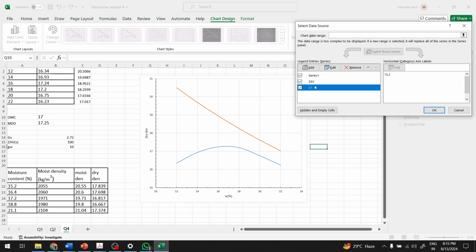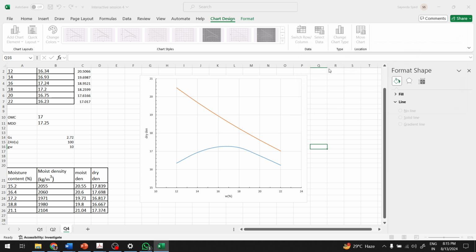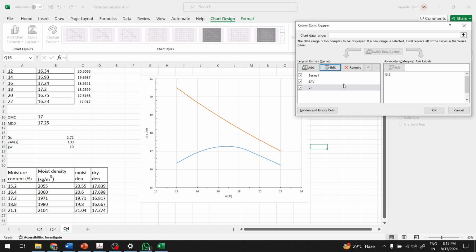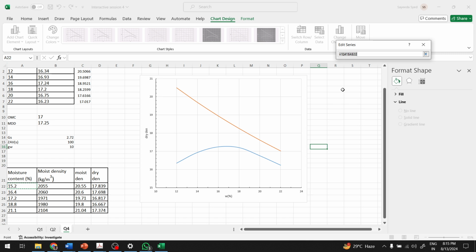One second. Edit. I will take this column. I will take this column.